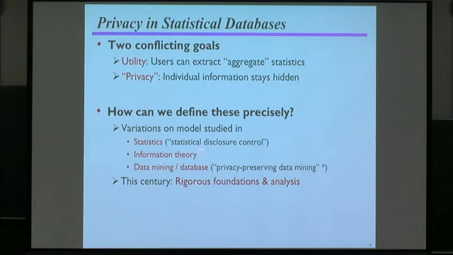So variations on this question have been studied in statistics and information theory and the data mining and database literature, also in cryptography, starting from, I would say, the 1960s. And in the last 10, 15 years, there's been a lot of emphasis on trying to pin these questions down more precisely, and I'll talk about that.